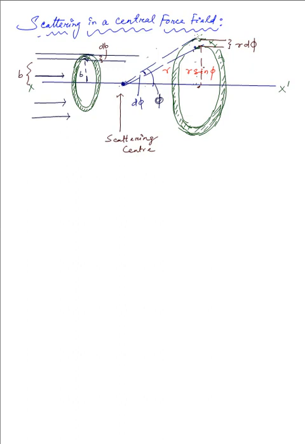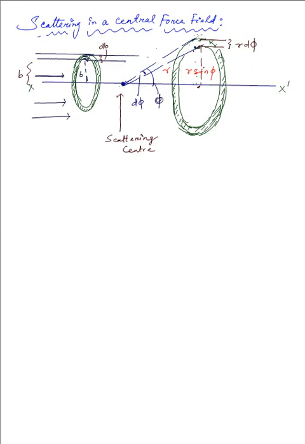Now, the intensity of the beam is I naught, supposedly. We will be writing that down later. And it is the number of particles crossing per unit area, per unit time, normal to the direction of the beam. And it is known as flux density.